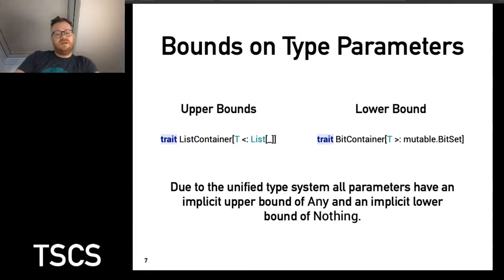This is really neat in some situations where you want that feature to be really narrow and defined on something. Also, once you provide these bounds, you can rely on them. We have a subtype of list here, so this means that we can use all methods a list can use on this type, which is pretty neat.